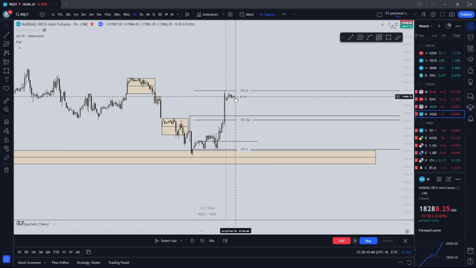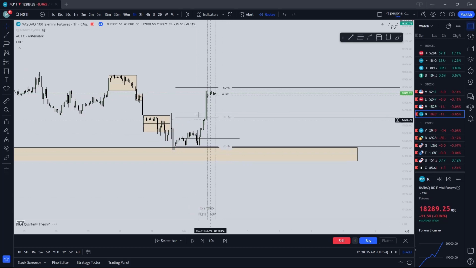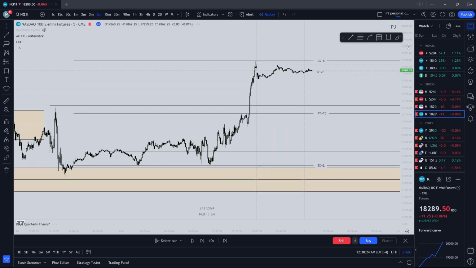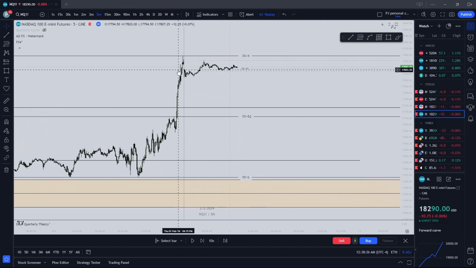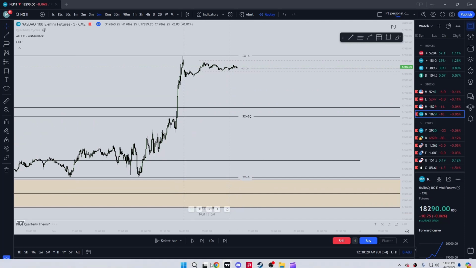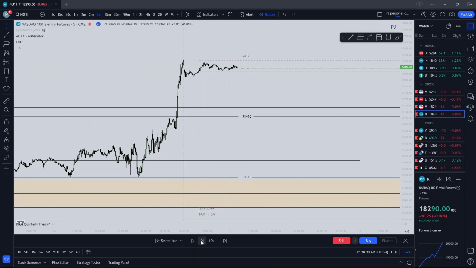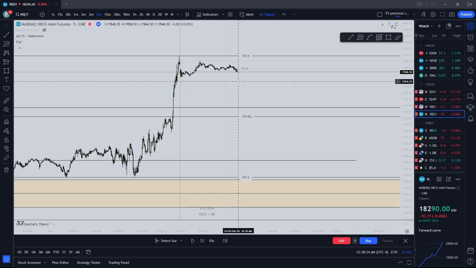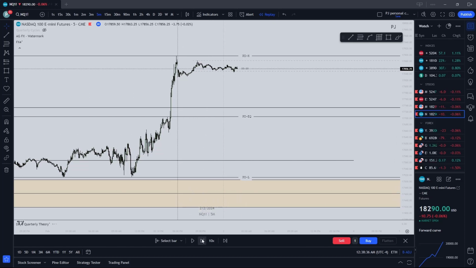We start to have an accumulation range coming in to Friday, the London session. We have a lower time frame accumulation and a higher time frame accumulation. Got to come a bit farther.